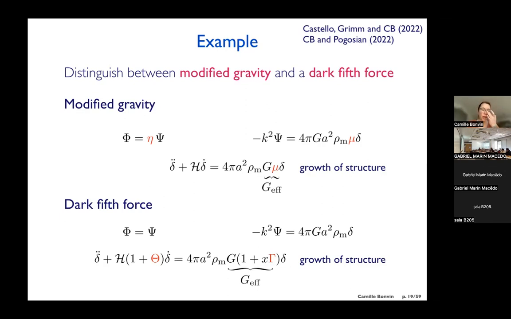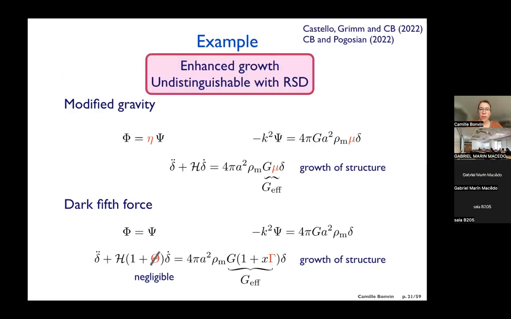In the case of the dark fifth force, we also have this friction term, but in many models of modified gravity, of dark fifth force, this term is subdominant, it is negligible. And even if it is not negligible, it is itself degenerate with the fifth force. So having this term is not helpful to distinguish between the two types of scenario. So from that, we see that in both cases, we have an enhancement in the growth of structure. And so we cannot distinguish the two types of scenario with redshift space distortion.